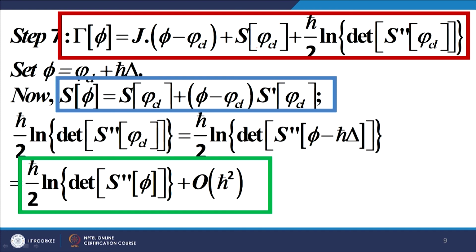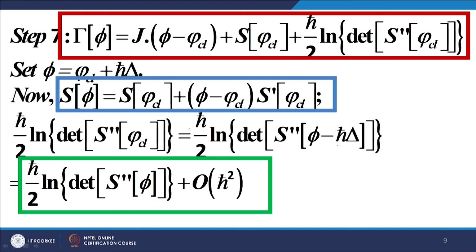And now we also note, it is a very important point, that the log determinant s double dash phi classical can be written as log determinant s double dash phi minus h delta with a prefactor of h.